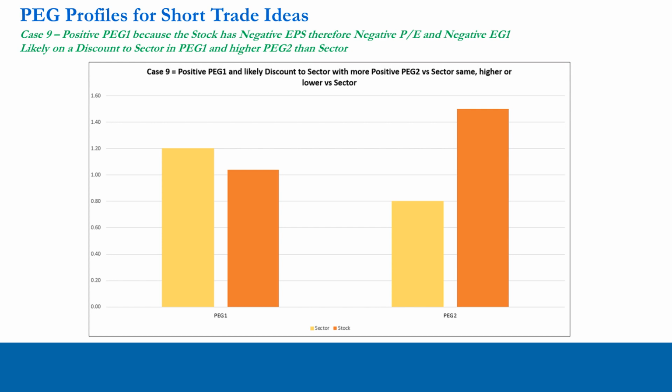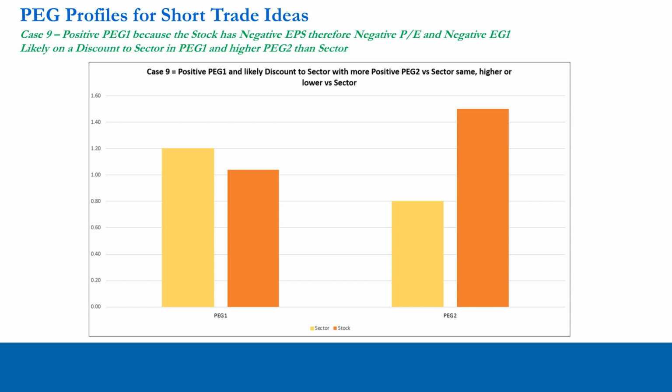Moving into the second period, again, we have negative earnings growth, but the number is smaller, and we have negative EPS. So we have a negative PE and we have negative earnings growth, therefore a positive PEG 2.